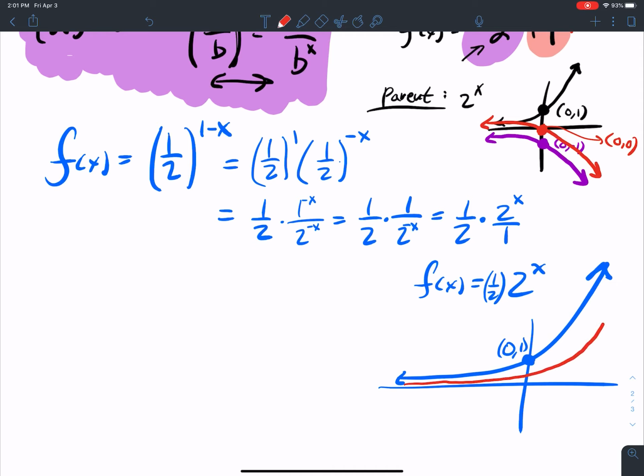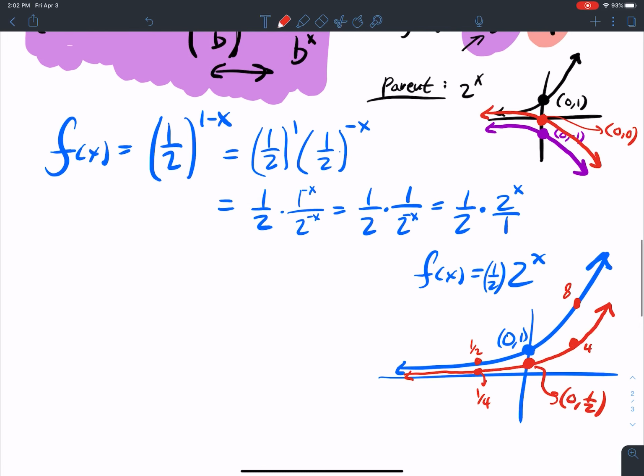It's still going up, it's just not going up as fast. It's half that. So any value you pick, like if this is 1/2 here, then this value here is 1/4. It's literally half of that. If this value is 8, then this value is 4. That's what the halving does. It cuts your value in half.